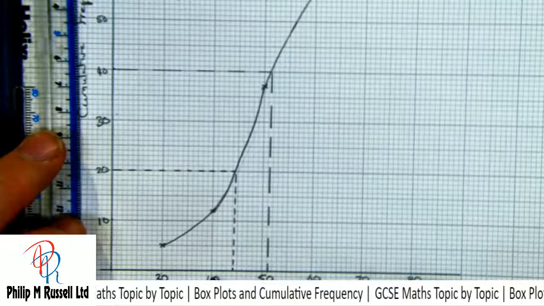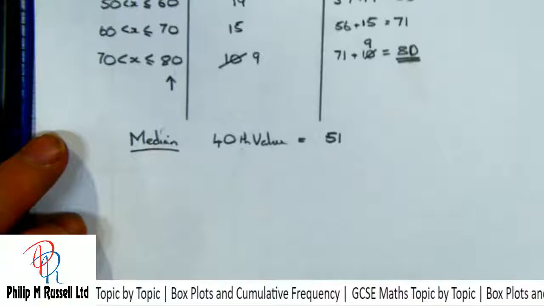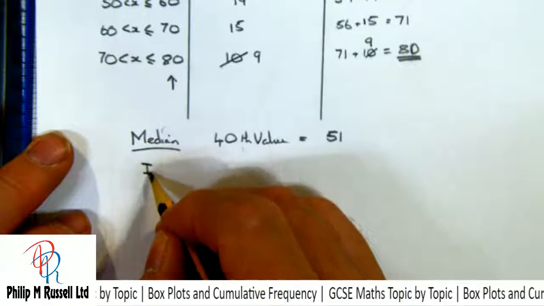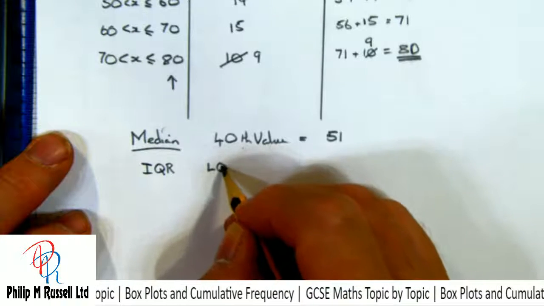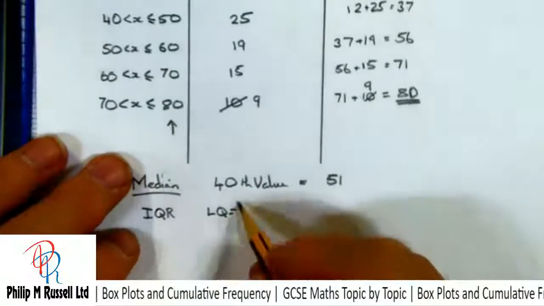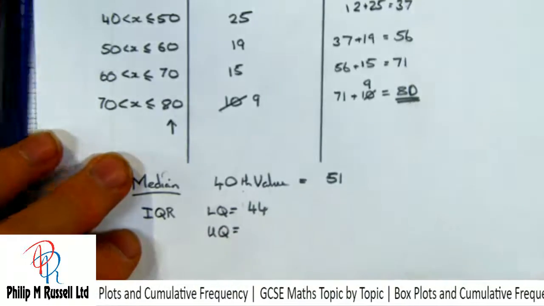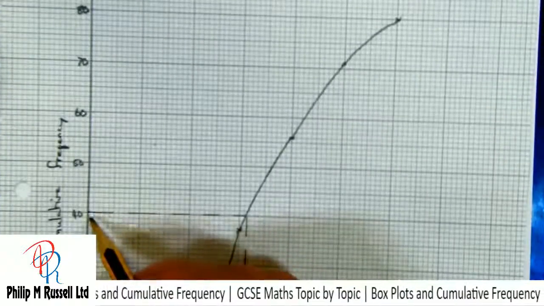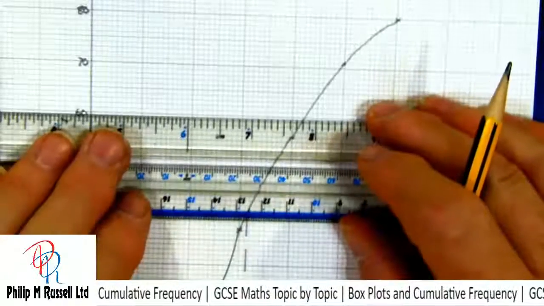And that looks like it's going to be 44. So if we put down here, we're going to work out our interquartile range. So my lower quartile is going to be, as we just worked out, 44. And I'm going to work out my upper quartile, and this will be half of 40 to 80, which is going to give me the 60.